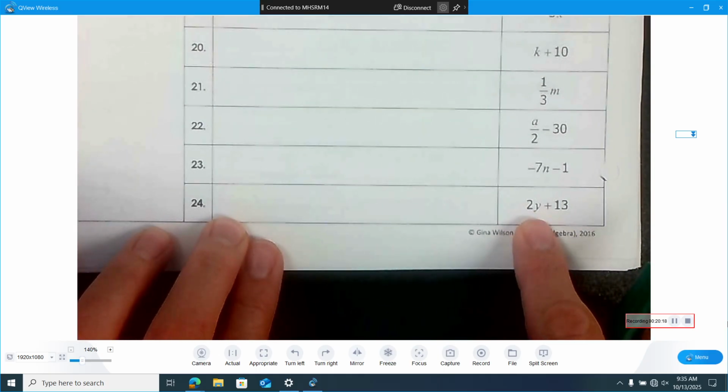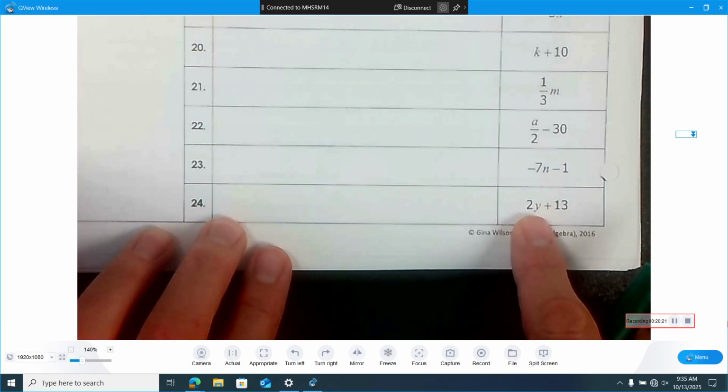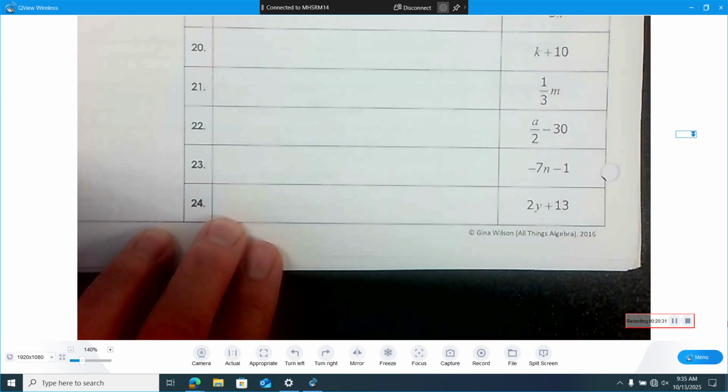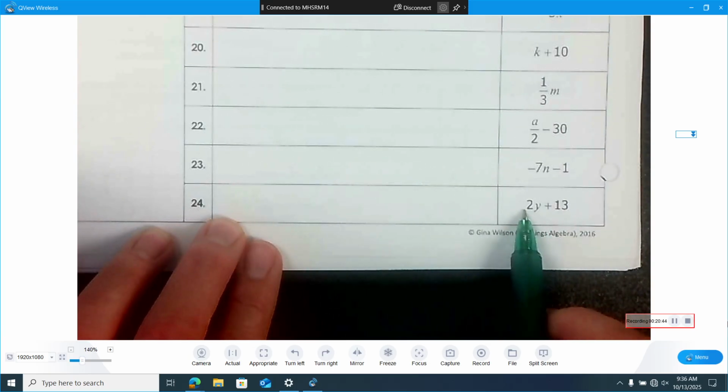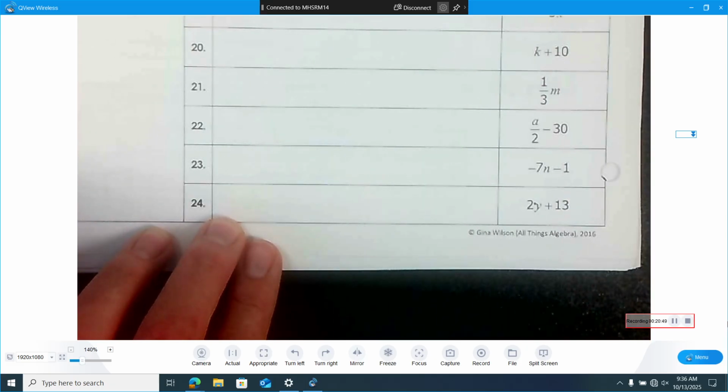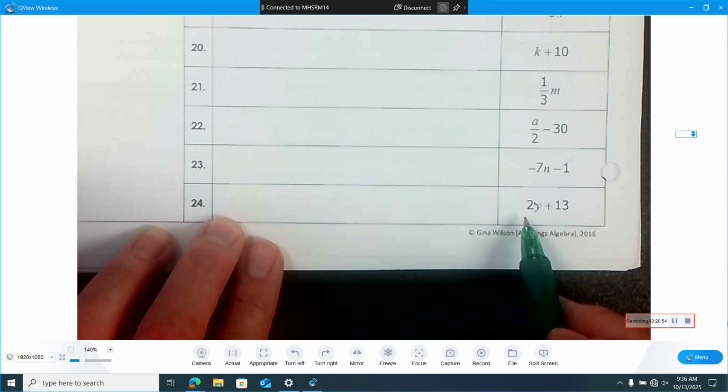All right, let's do the very last one. What could I write for 2y plus 13? I could say 2 and a number plus 13. So the plus 13 is good. What operation is between the 2 and the y? Multiplication, yeah. Product. The product of 2 and a number plus, that's kind of wordy.